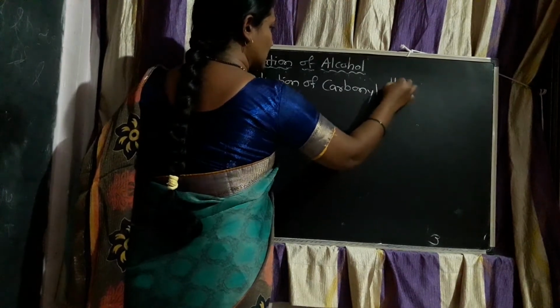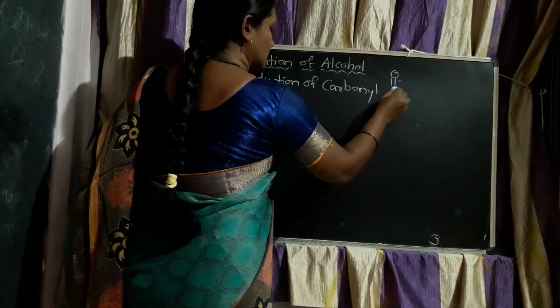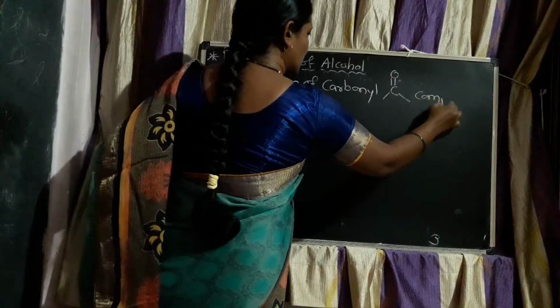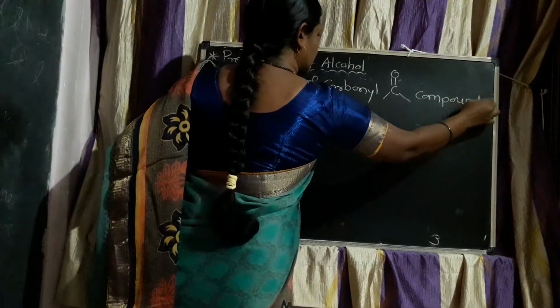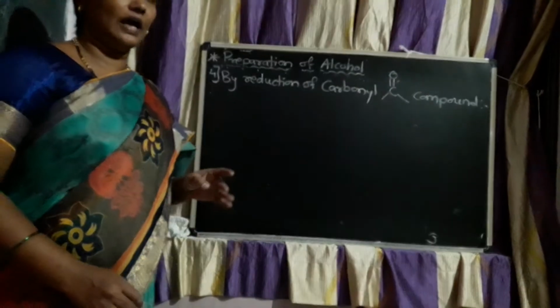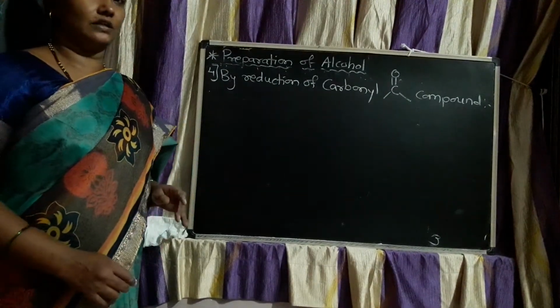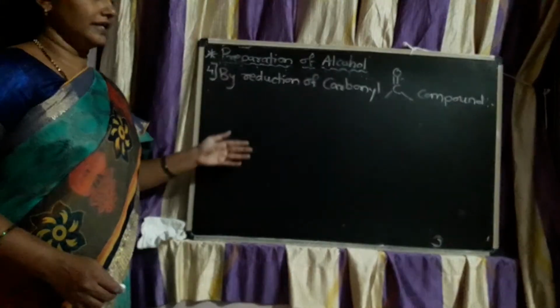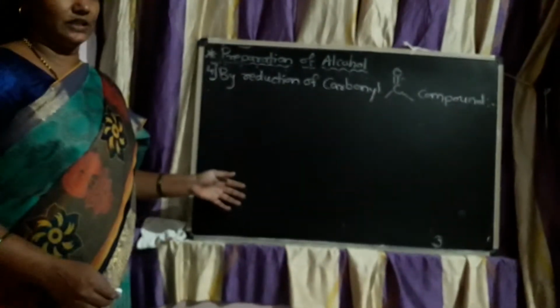This is the carbonyl compound. Now, aldehyde, ketone and carboxylic acid, these are the carbonyl compounds. We can study 3 sub-reactions in this one.